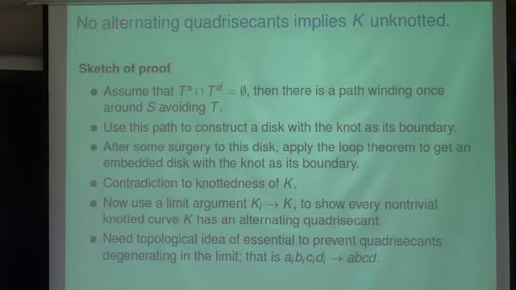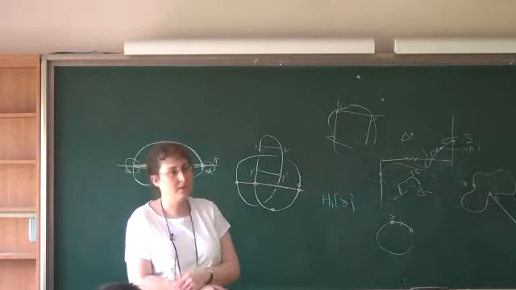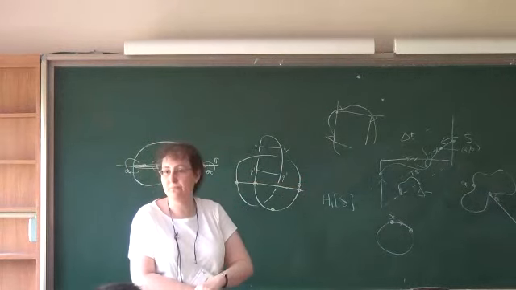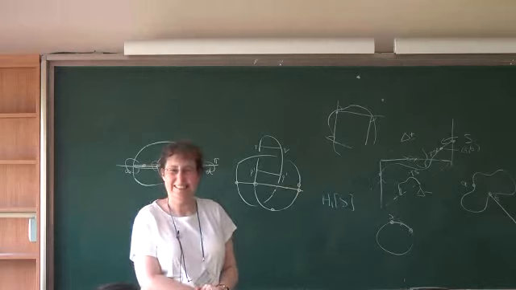So we assumed no alternating quadrisecants. Let's just recap. These sets don't intersect. We can find a path, construct a disk, show you must be the unknot. So that means if you're the knot, these sets must intersect. So you must have a quadrisecant. Okay, with some lies.